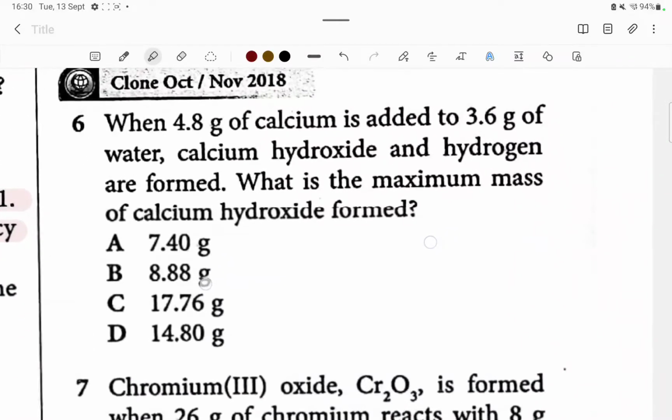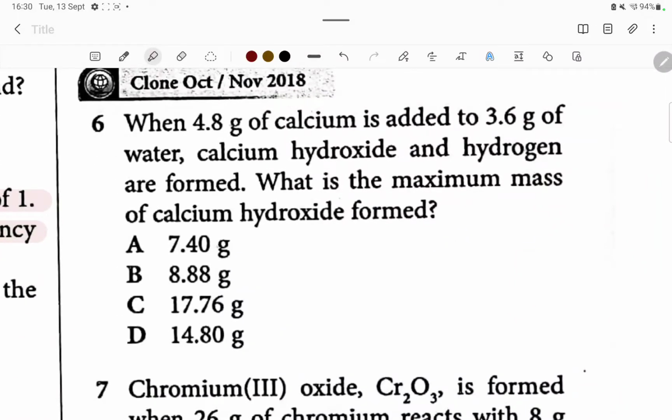Let's look at number 6. When 4.8 gram of calcium is added to 3.6 gram of water, calcium hydroxide and hydrogen are formed. Maximum mass of calcium hydroxide.